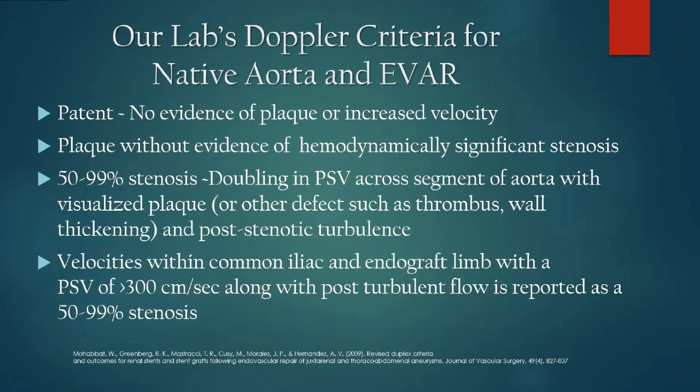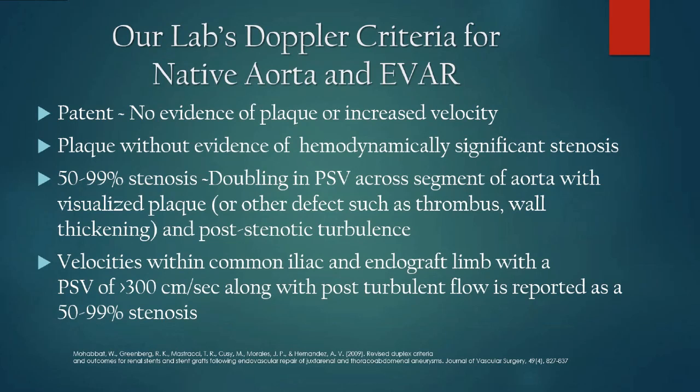In our lab, our Doppler criteria, I wanted to put it up here for you, as a reference for our EVARs and our branched endografts for the limbs. So we report patent if there's no evidence of plaque or increased velocities. If there is plaque without a hemodynamically significant stenosis, that's another option.